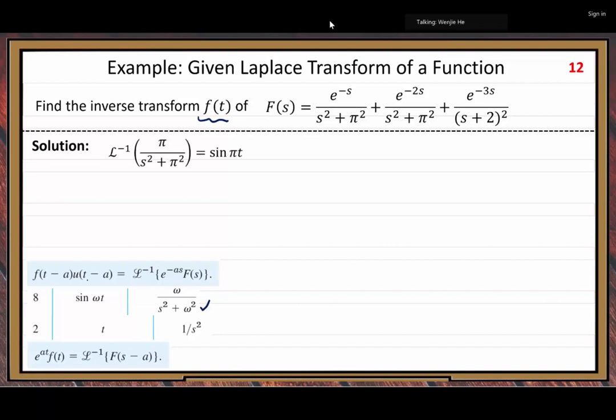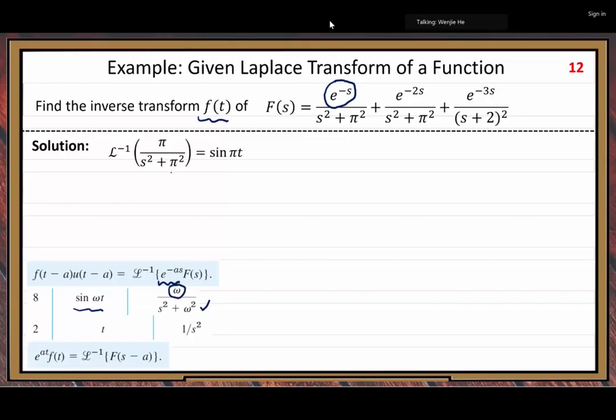Inverse Laplace transform of the first term. Let us ignore this E part, because for the E part we will apply the shifting theorem. So first we consider 1. But for this sine formula, we need omega at the numerator.